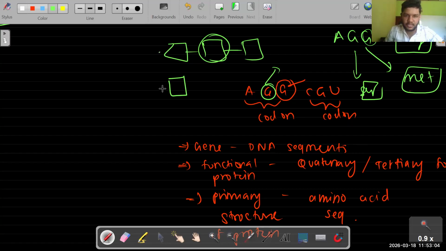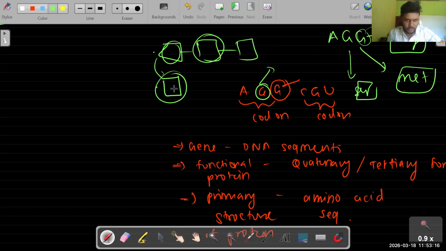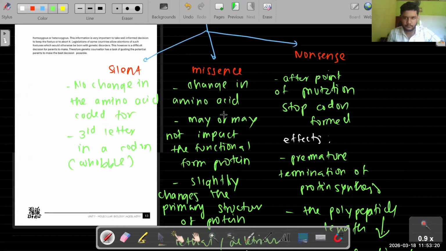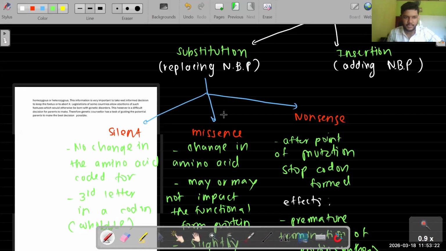See here, compared to this it has only 1. So it becomes non-functional due to premature termination of protein synthesis. Before the protein synthesis completes, if it stops, it is said to be a non-functional one. Is it clear?